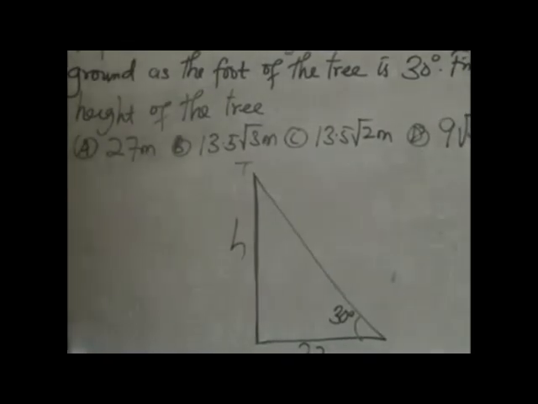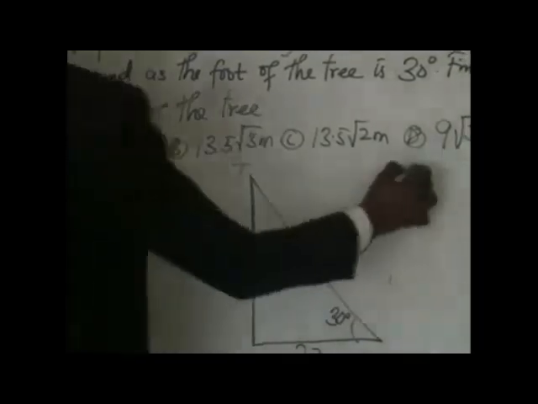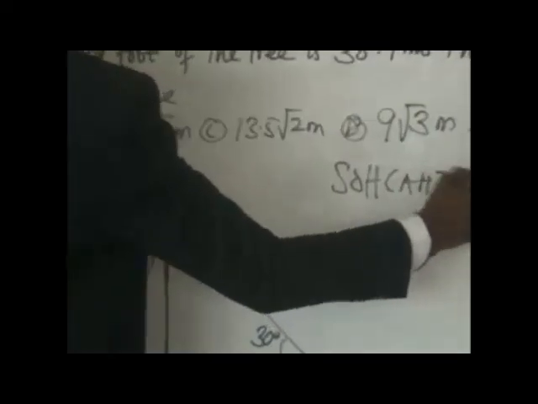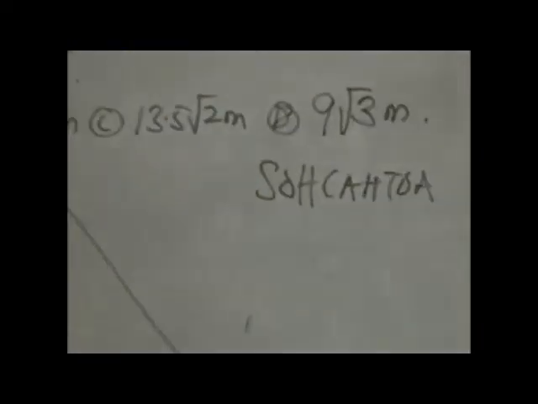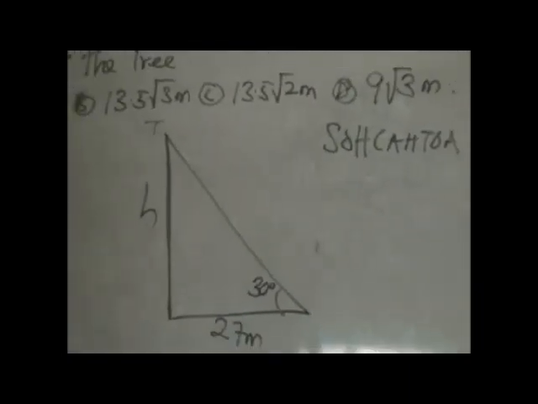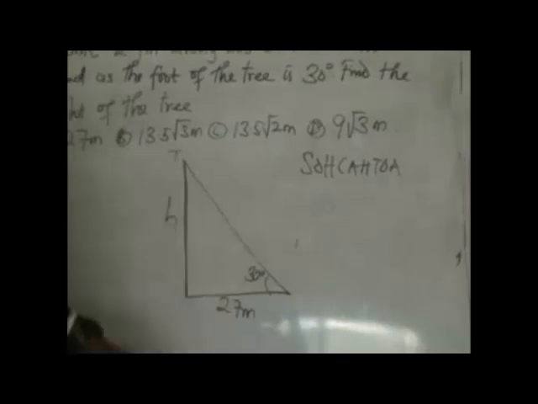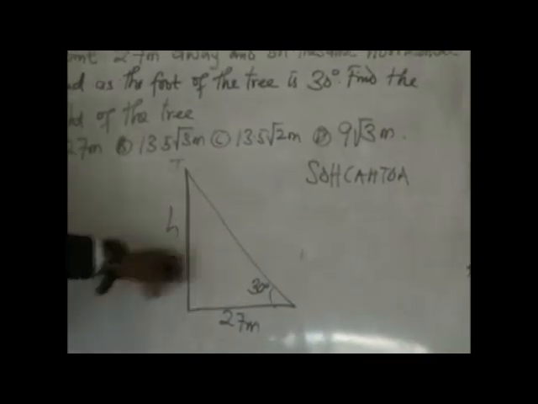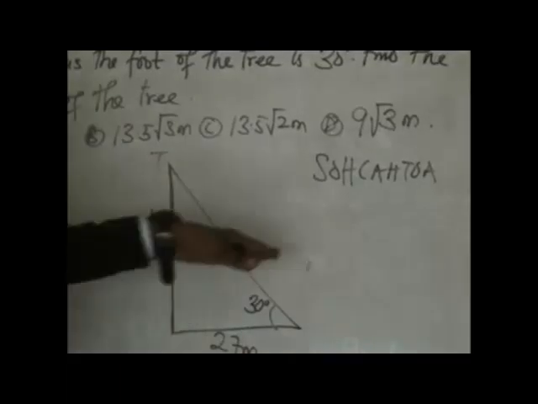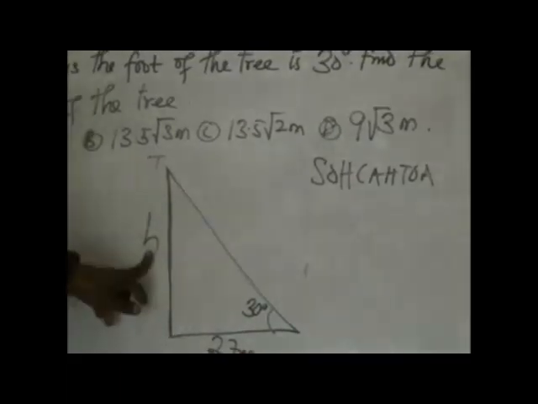So what you have to do is to apply our SOHCAHTOA. You use one of the trig ratios that will enable you to solve for the height of the tree. Now you have, this is the adjacent of 30, and this is the opposite. So which of these trig ratios can enable you to look for the height?